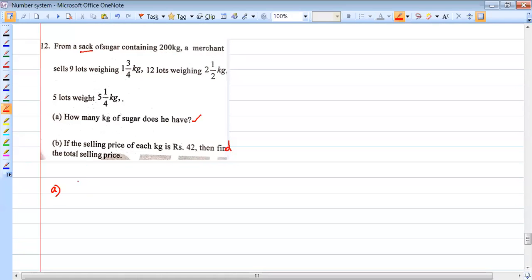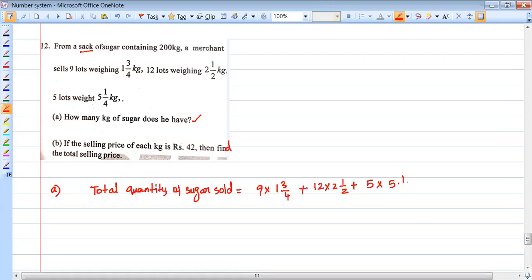First, we have to find out the total quantity of sugar sold. 9 times 1 3 by 4 plus 12 times 2 1 by 2 plus 5 times 5 1 by 4.